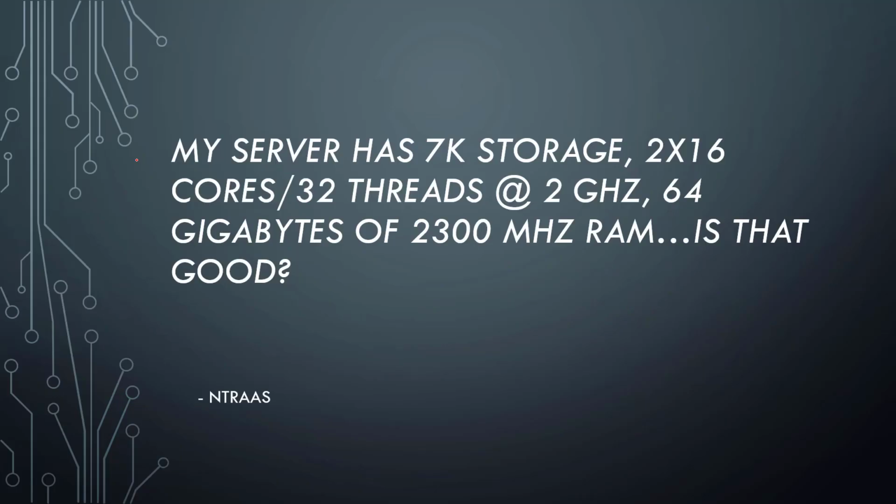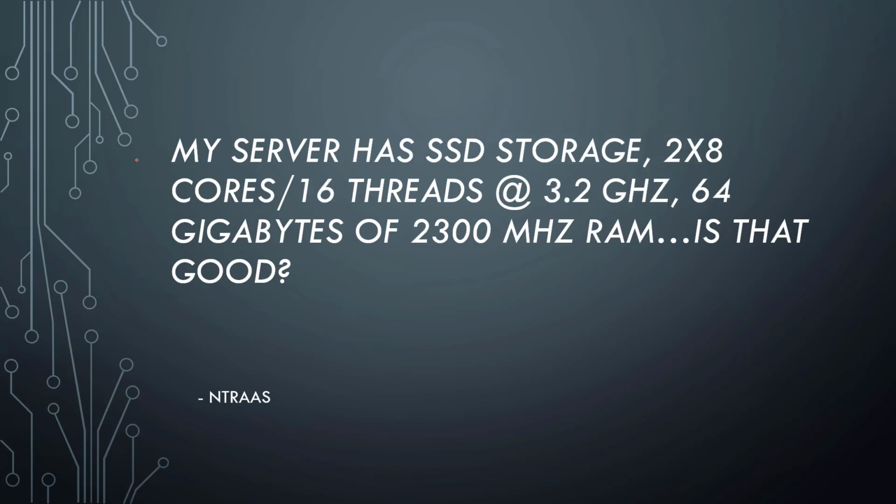Here's a couple of statements. My server has a 7K storage spindle, 2 16-core 32-thread CPUs at 2 GHz apiece, and of course 64 gigs of 2300 MHz RAM. The next one has SSD storage, but it only has 8 cores and 16 threads, but it's running at 3.2 GHz.